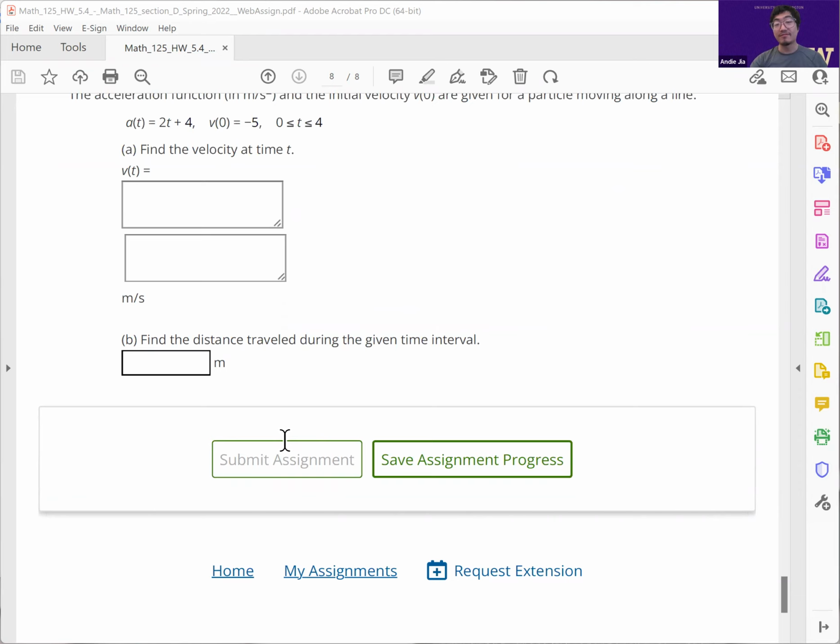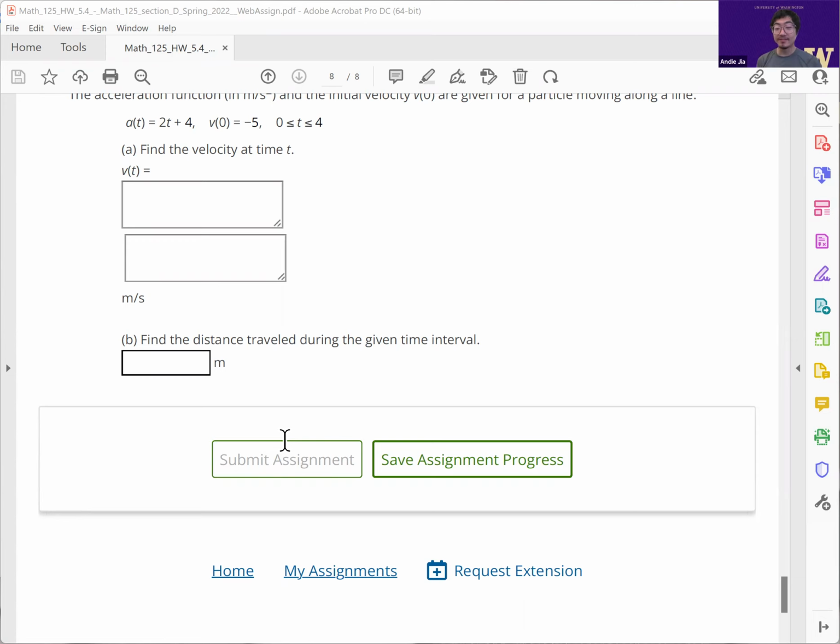So in general, the main difference between the total distance traveled and the total displacement is that the total displacement can be negative. It's just an advanced version of FTOC part 2: how far you end up from the origin or starting point.